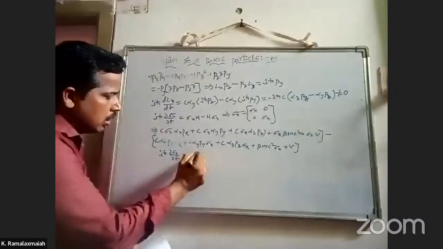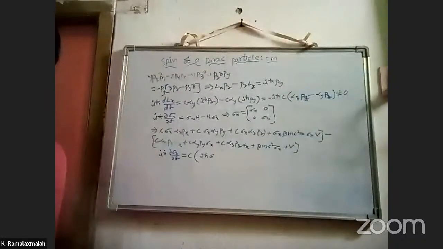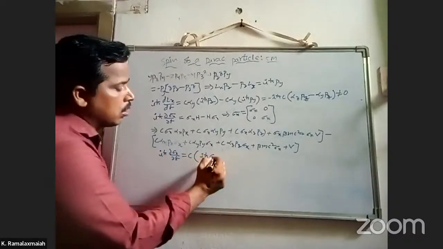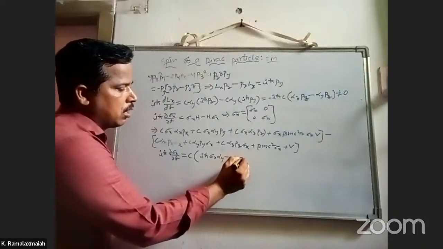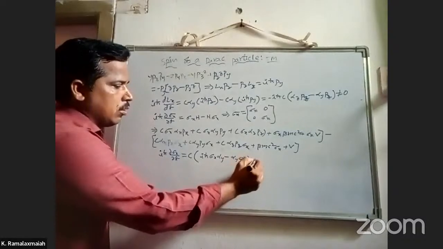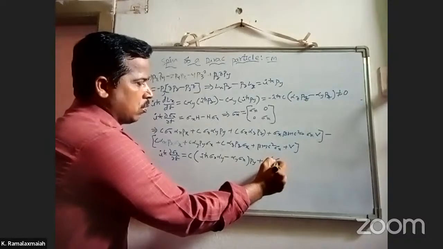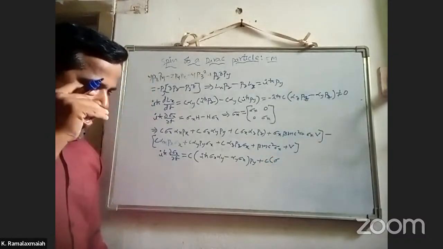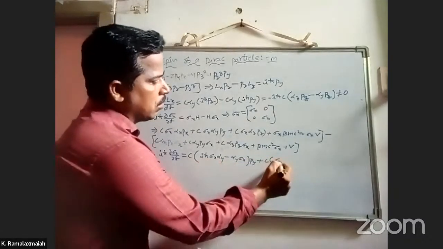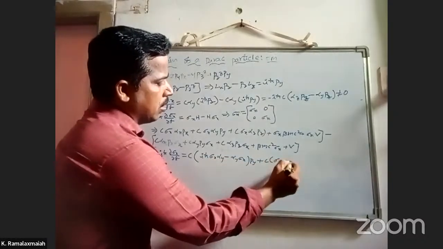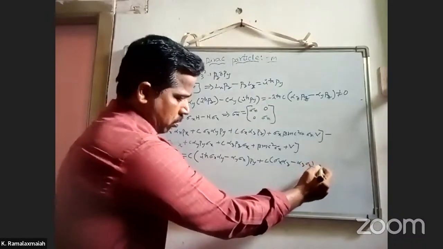c into iħ times (σx αy minus αy σx) into py, plus c into (σx αz minus αz σx) into pz.